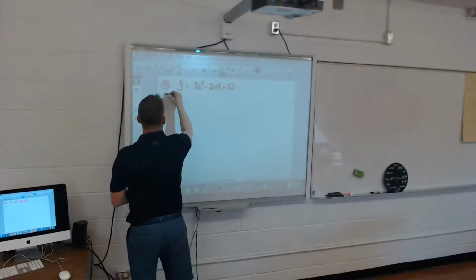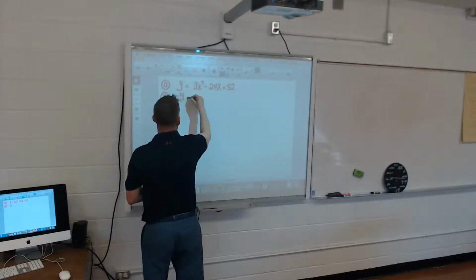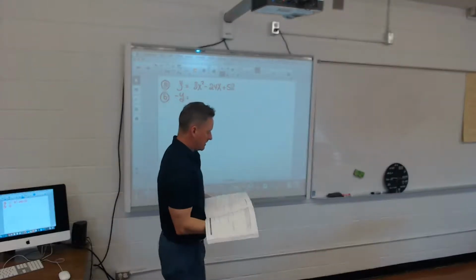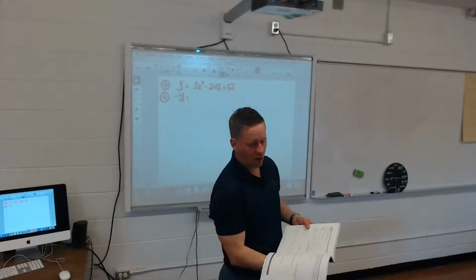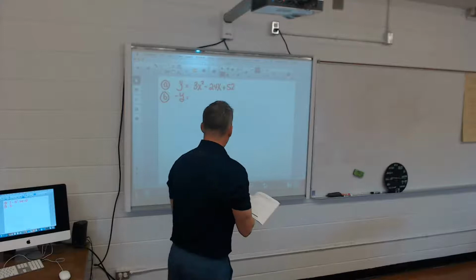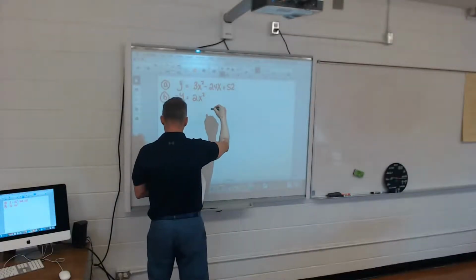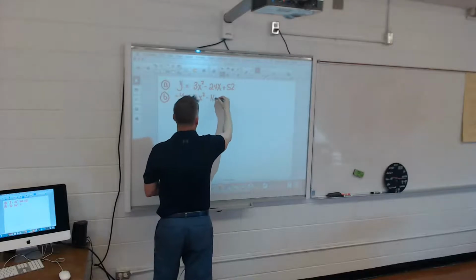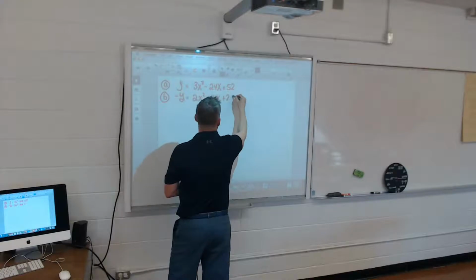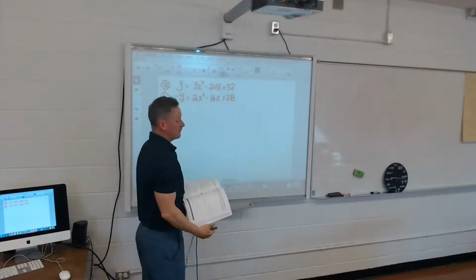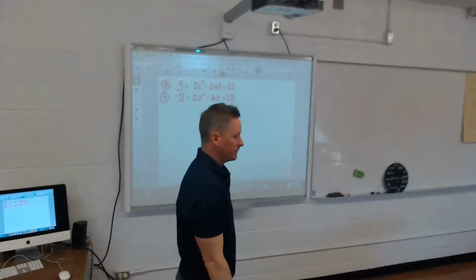And equation B now, I see equation B has a -y. So now what I'm going to do is move -2x squared, 16x, and -28 all to the right side. So that's going to give me 2x squared minus 16x plus 28. So now I've moved them all to the right side of the equation.